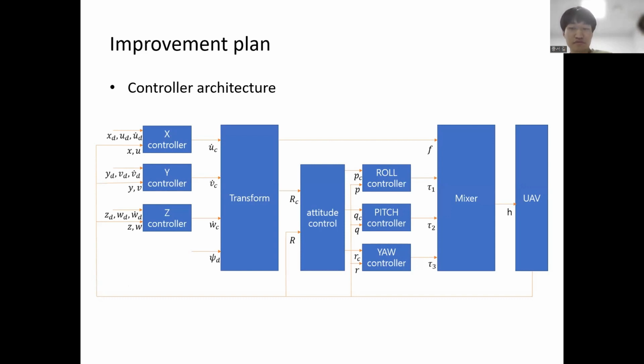From the position controller, we generate acceleration commands. The transformation block receives the acceleration command and desired yaw angle and outputs the thrust and angular velocity command. Then roll, pitch, and yaw controllers output torque commands to track angular velocity commands. After that, torque and thrust commands are converted to the commands for each motor.